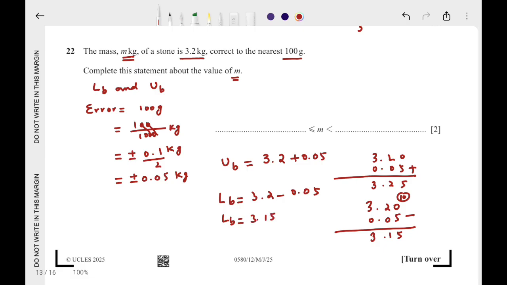So as we have to find out the range, the lower bound would be written here, and then the upper bound, that is 3.25. This is the upper bound and this is the lower bound.